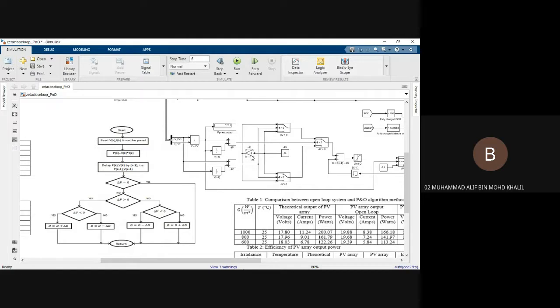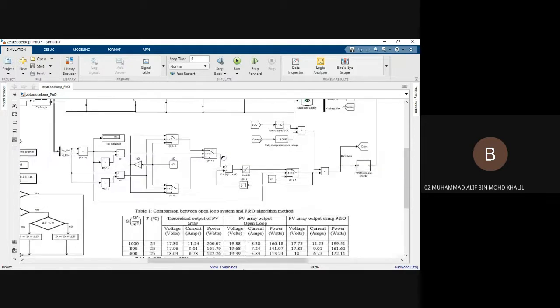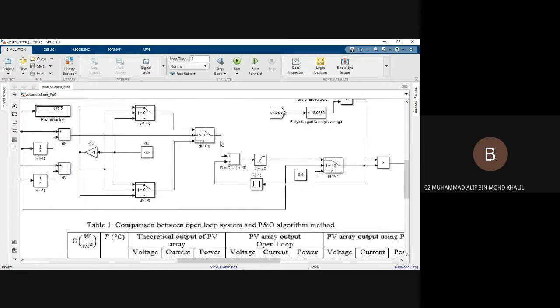The gain here is minus 1 so that delta D goes through the minus 1 gain, which produces the negative delta D. So it will subtract the delta D. If less than 0, it will add the delta D. The same goes if delta P is less than 0, then it will use this row instead. If delta V is greater than 0, we add delta D. If it's less than 0, it will subtract delta D. So the output here will be the delta D that we have chosen, whether plus or minus.